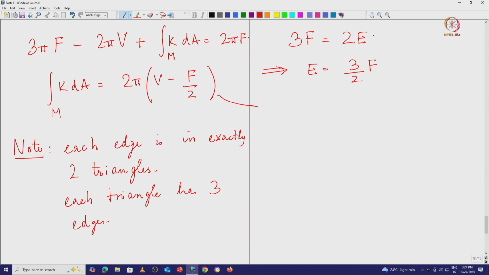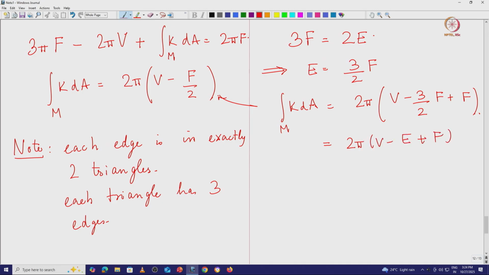So if you now come back to the formula that we derived earlier, I can rewrite this as V minus 3 by 2 F plus F, right, because minus 3 by 2 F plus F is just minus F by 2, which is exactly what I claimed.